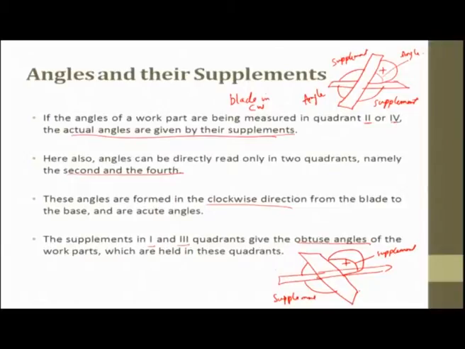This is the angle which we measure and this is also the angle which we measure, right. So, this is for a blade which is turned in counterclockwise direction. So, this is how we get the supplement detail. So, in 1 and 3 quadrants use the obtuse angle for the workpiece which are held in these quadrants.